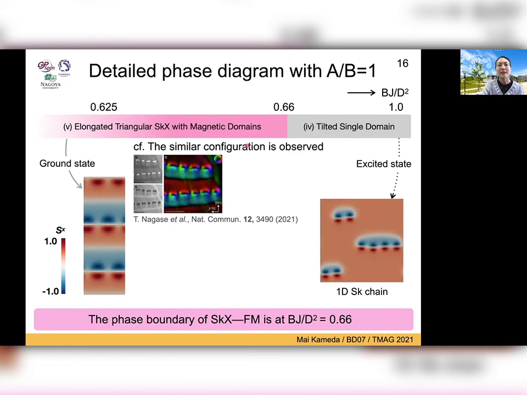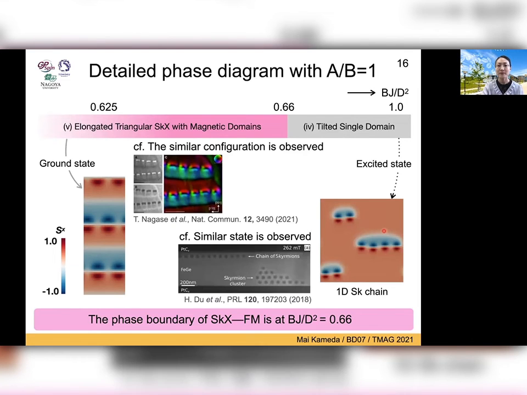By increasing the magnetic field, we found a 1D skyrmion chain connected along the x-axis as an excited state. This configuration means that the skyrmions aligned in the x direction have lower energy than in the y direction. The chain of skyrmions is also observed experimentally.